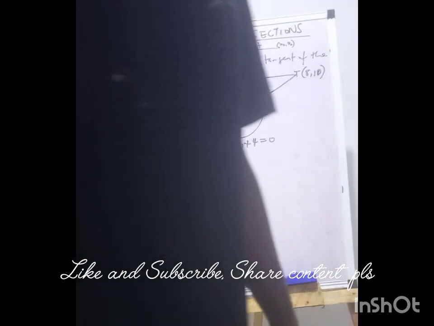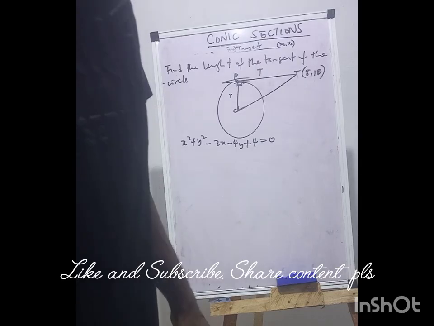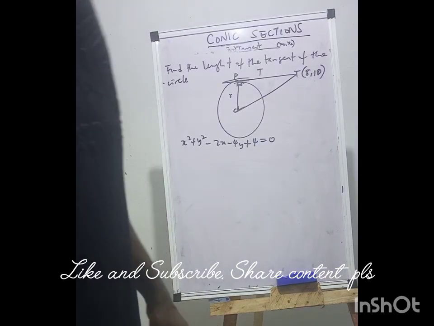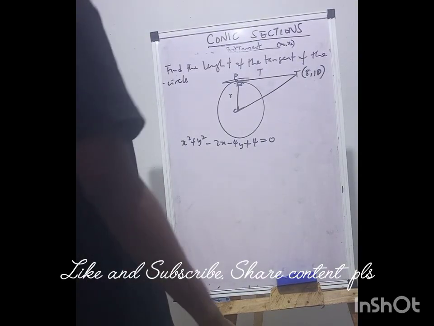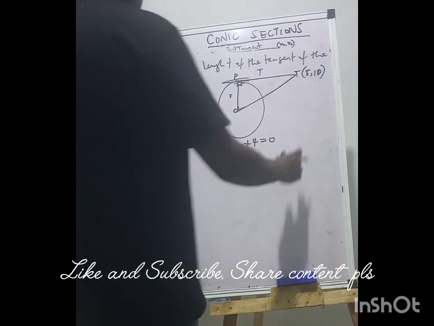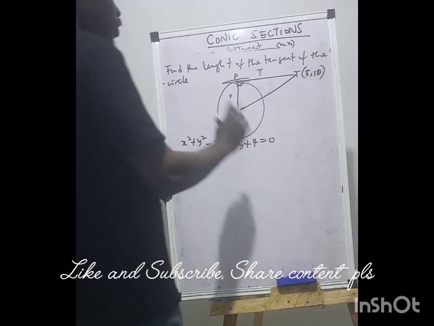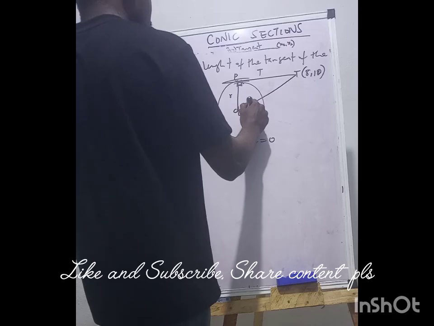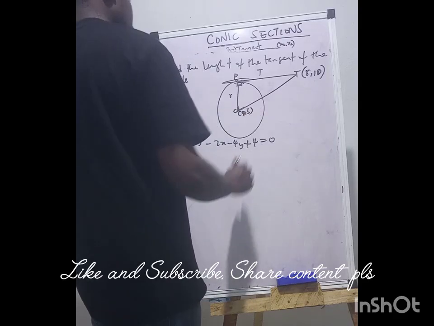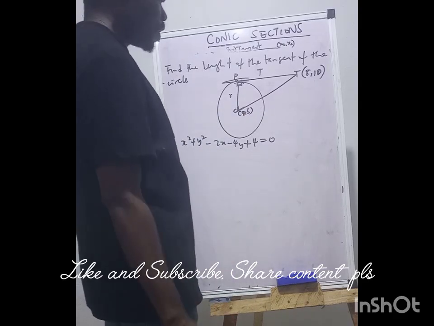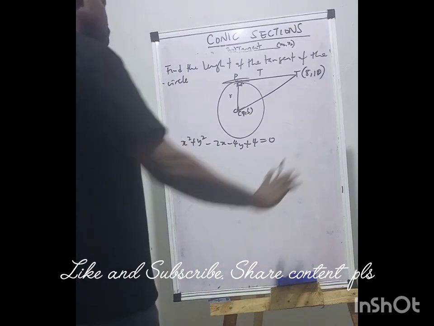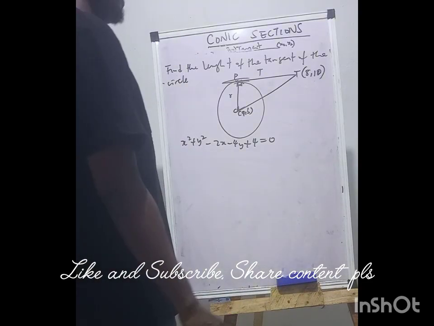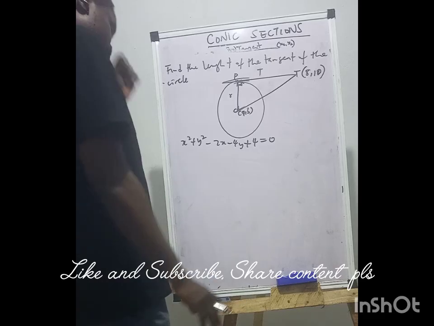Is that okay? So from the point 8 and 10, find the length of the tangent. The first thing we do is get the value of A and B from the equation. Very important.